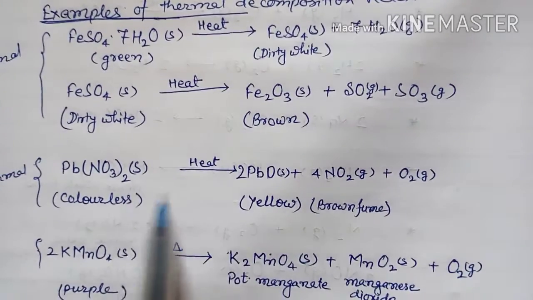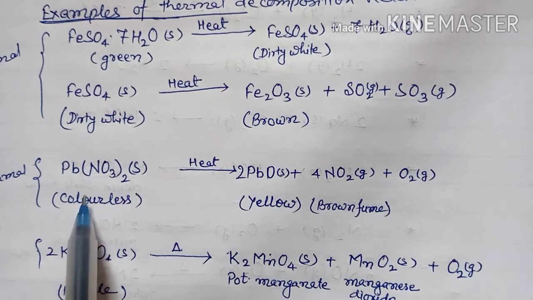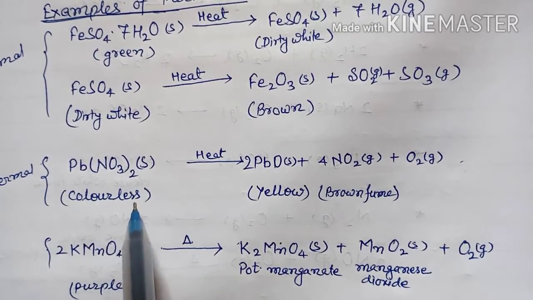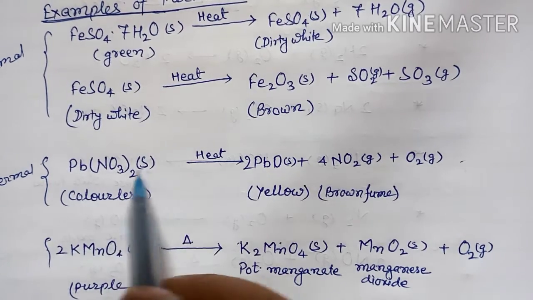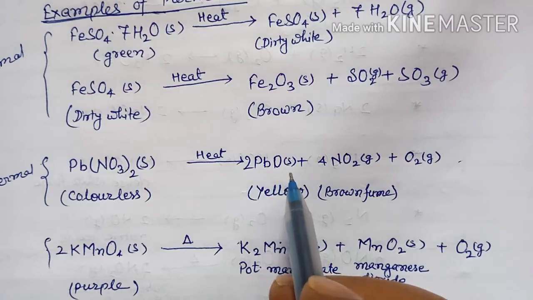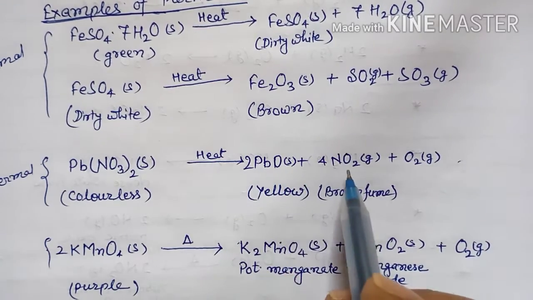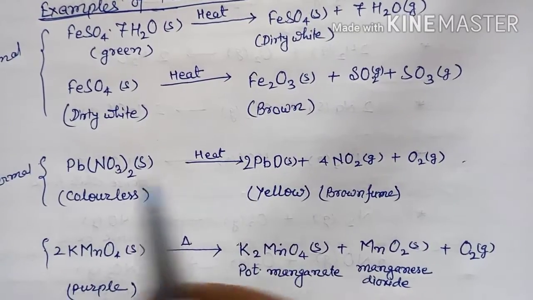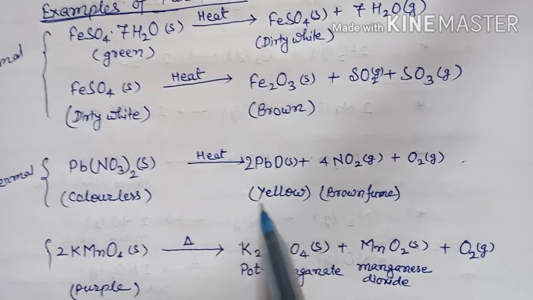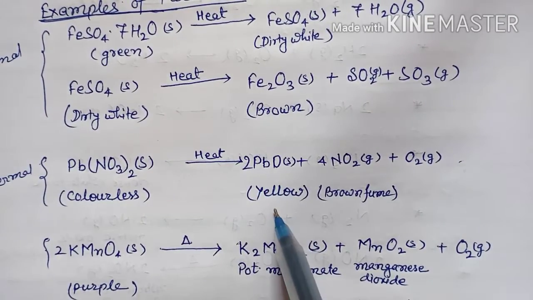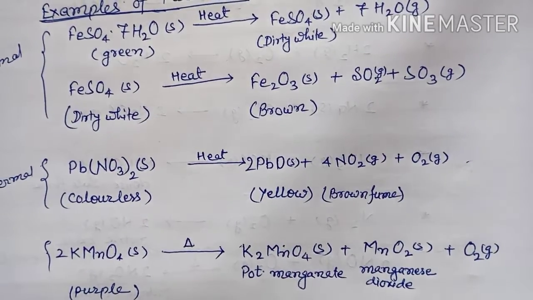Now we'll take another example, and this is lead nitrate, which is colorless, and when lead nitrate is heated, it converts into lead oxide, nitrogen dioxide and oxygen, and it converts into yellow color, which was colorless before the reaction.